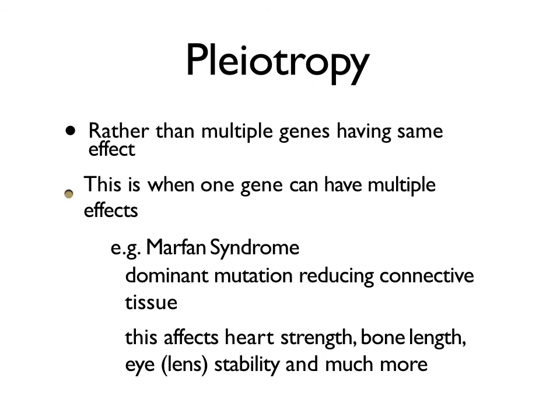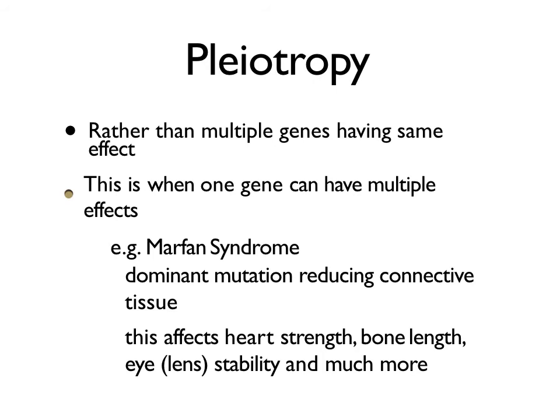The lack of connective tissue also affects the stability of the lens within your eye, right? It's kind of suspended in place by connective tissue. If you don't have much connective tissue there, that lens can become dislodged. So there are many results of this one mutation phenotypically. Okay, so these are pleiotropic effects.